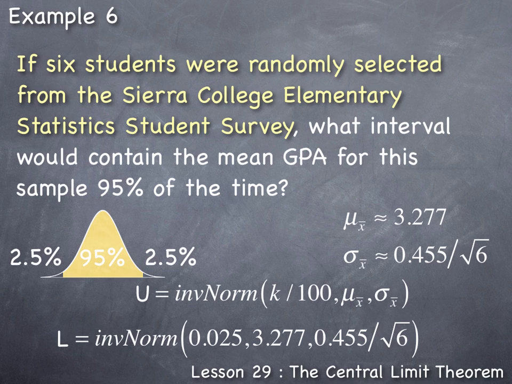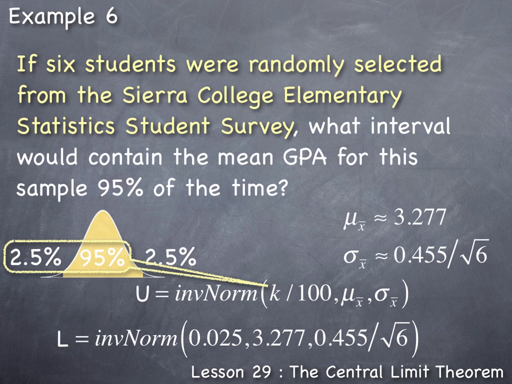Now for U, the upper limit. The k percentile is the percentage of this curve that is less than the value of U. U has the entire middle 95% less than it, plus the lower 2.5% less than it, giving a total of 2.5 plus 95%, or 97.5% less than the value of U. So k could be 97.5 divided by 100 in fraction form.